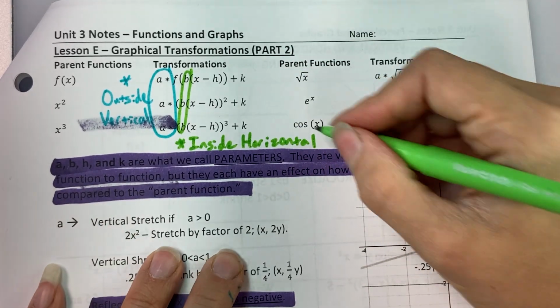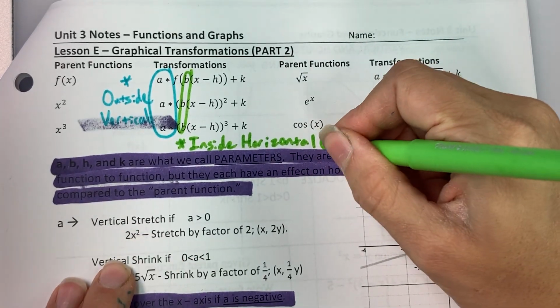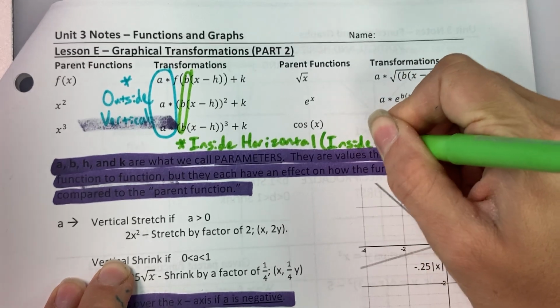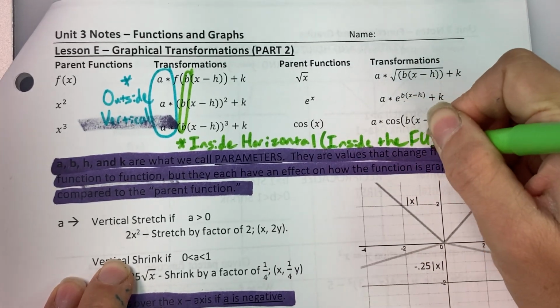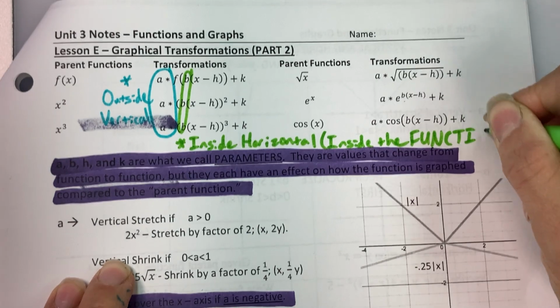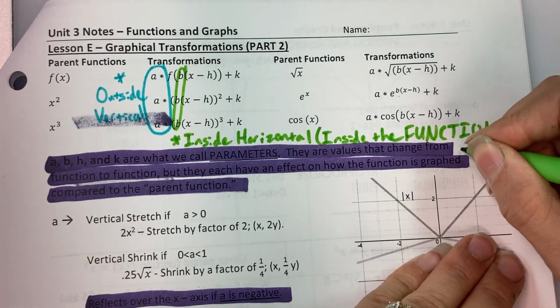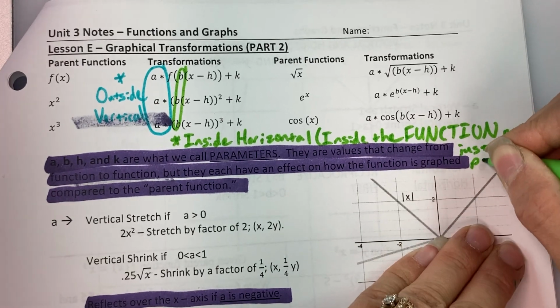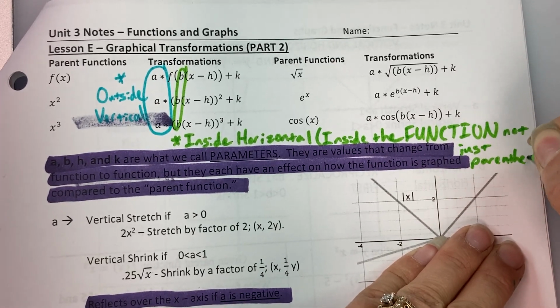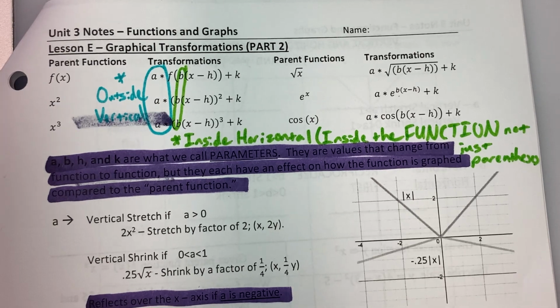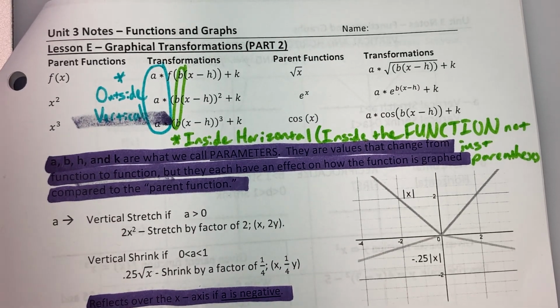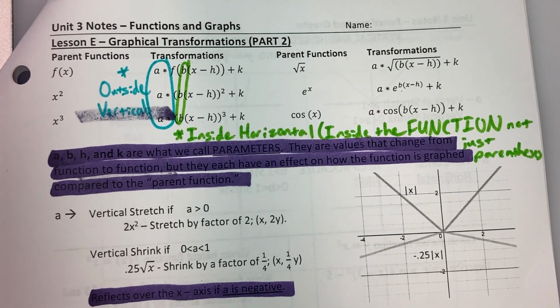And I want you to just put in parentheses: inside the function, not just parentheses. And you'll see what I mean by that once we start getting into some of these more complicated problems.